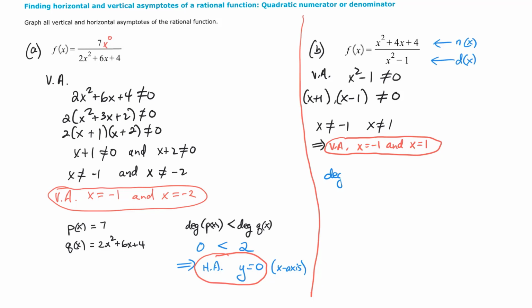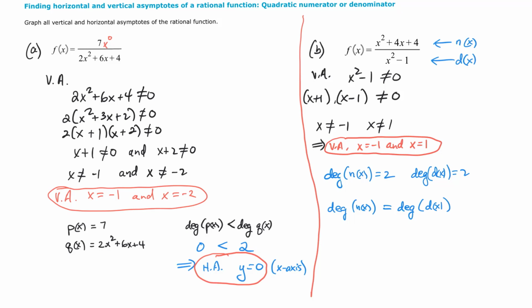The degree of the numerator, n of x, is simply 2. The degree of the denominator is also 2. So we have the degree of the numerator is equal to the degree of the denominator.